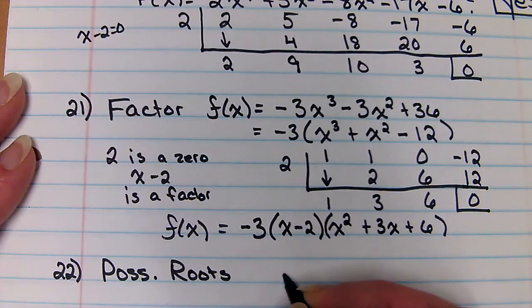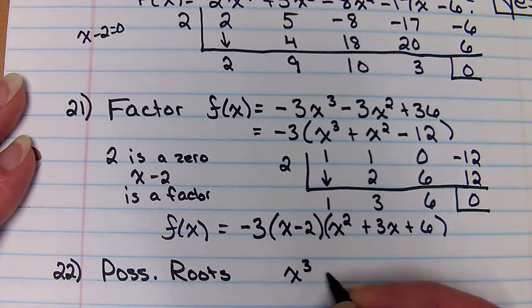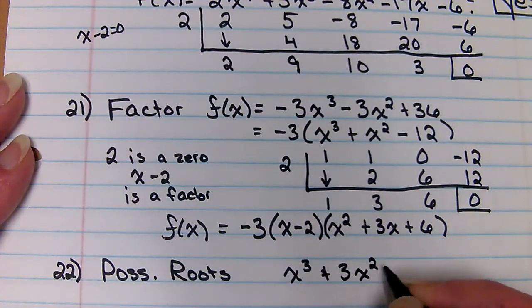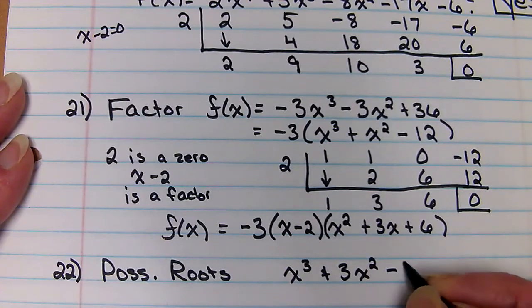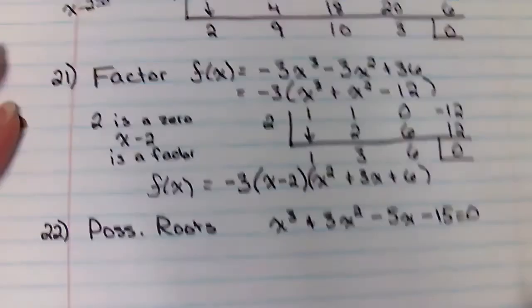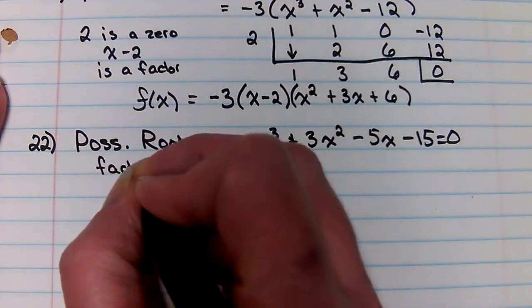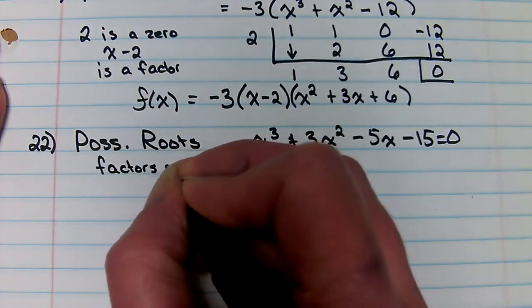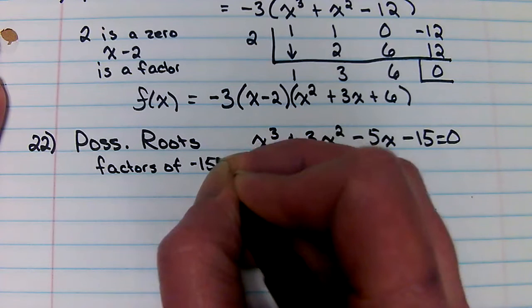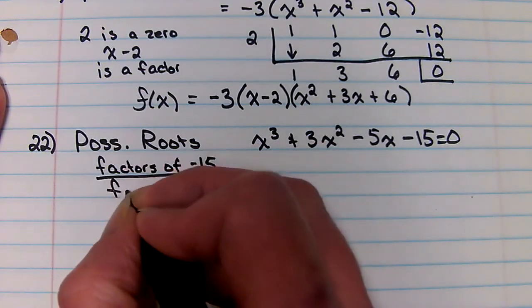So on 22, it asked me to first find all the possible roots and then find all the real roots, like then solve it. So let's talk about how to find the possible roots again. We're going to take the factors of the constant divided by the factors of the leading coefficient.